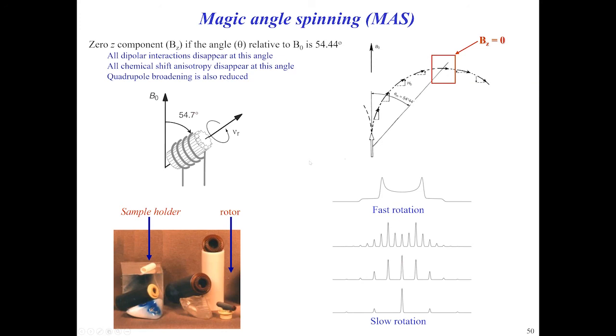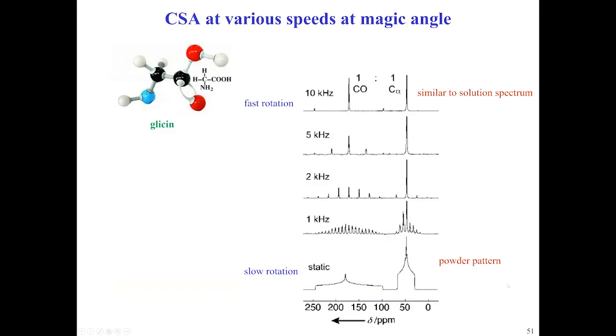Because we want to emulate the situation in solution, because solution state, free tumbling, I said, gives averaging. So we get a simple signal, right? And rotation obviously will have a lot to do. And Professor Mali will show you why we would sometimes rotate very fast to get very detailed information.